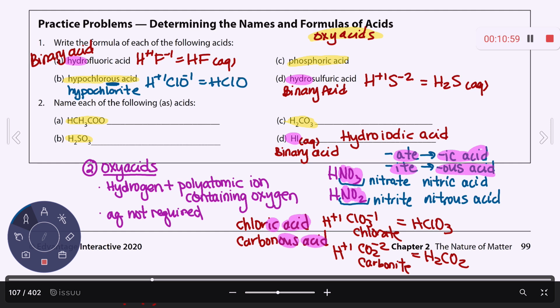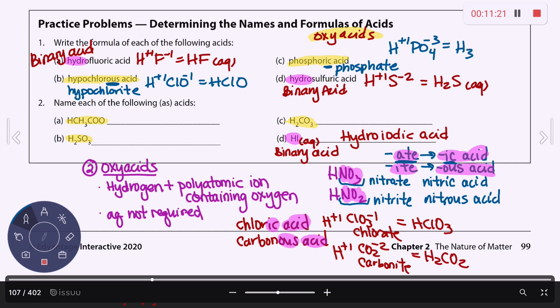So HClO is the hypochlorous acid. Over here, phosphoric, ic, means I had an ate. So that means I've got hydrogen attached to phosphate. So H plus 1 and PO4 negative 3. I need 3 hydrogens, so H3PO4 would be phosphoric acid.